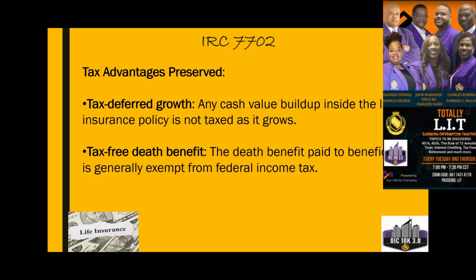If you access the money in those savings programs before 59 and a half, you'll face a 10% penalty. Allowing your cash to grow in a life insurance contract, which is protected under the IRC 7702 code, has its benefits, where you can access those funds tax free, grow them tax free, and they also grow tax deferred.